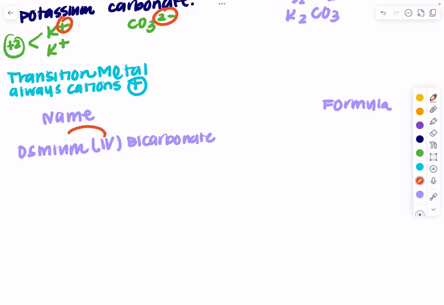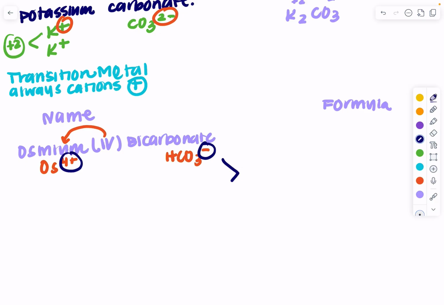We know the charge of osmium. It's in the parentheses. Osmium's a transition metal, so we don't know the charge unless it's given to us. We only know the charge really in the name, and bicarbonate is HCO3-.